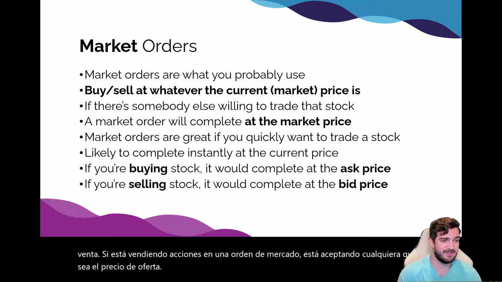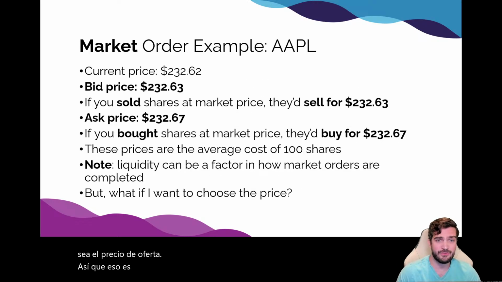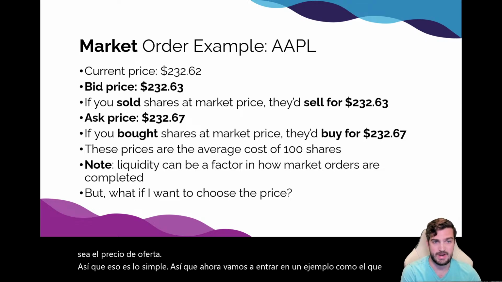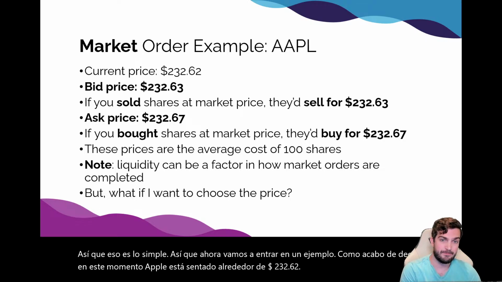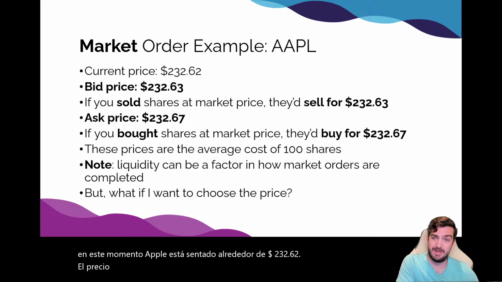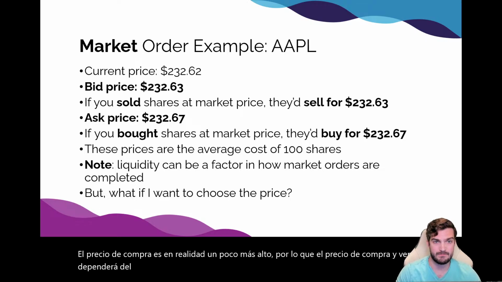So that's the simple thing. Now let's go into an example. Like I just said, right now, Apple is sitting around $232.62. The bid price is actually a little bit higher. The bid and ask price will depend on what website you look at, and when they check the market. The website that I used for this was Morningstar, I believe.